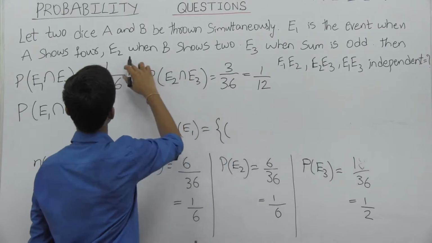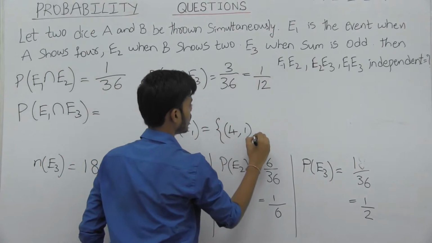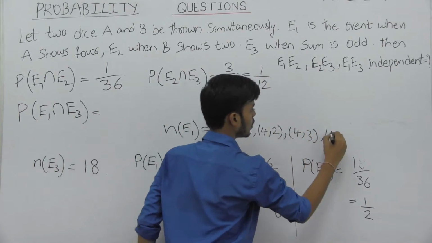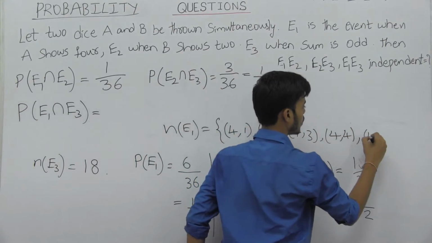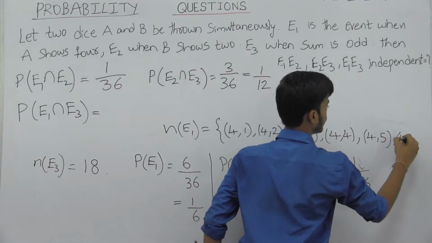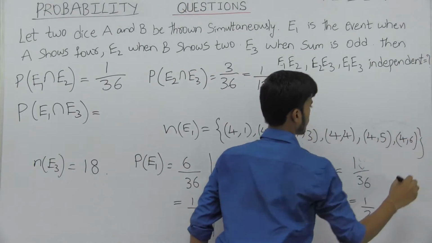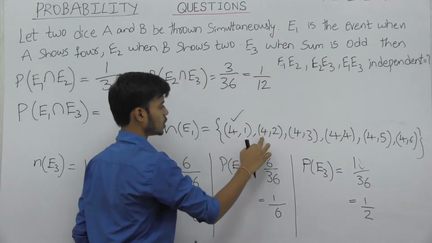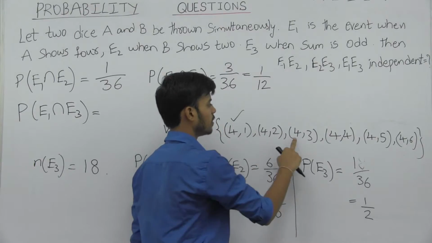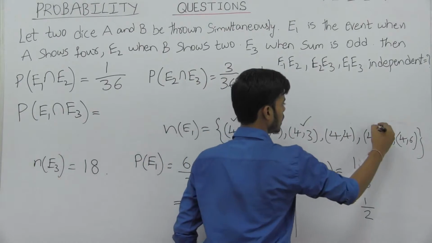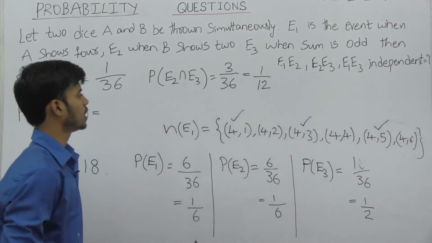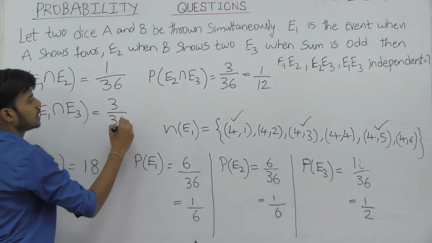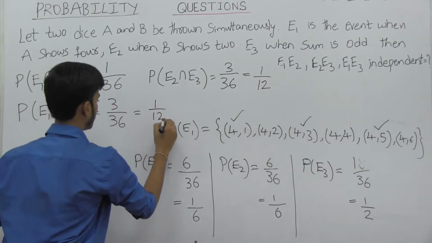Event 1 says A shows 4: 4,1, 4,2, 4,3, 4,4, 4,5 and 4,6. Now the sum should be odd. 4 plus 1 is 5, which is odd. 4 plus 2 is even. 4 plus 3 is odd and 4 plus 5 is odd. So once again we have 3 in common, 3 by 36, which gives us 1 by 12.